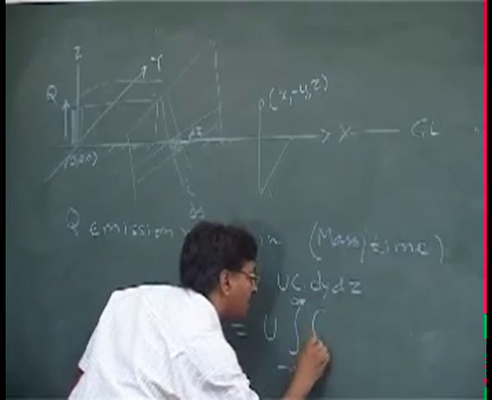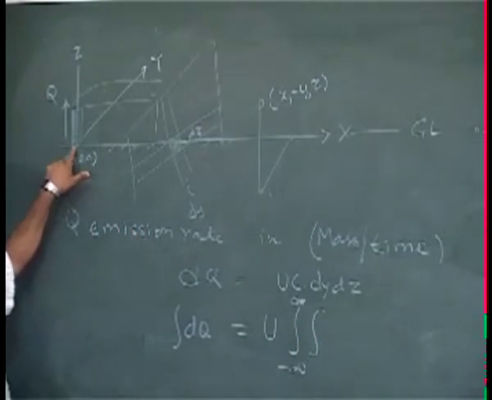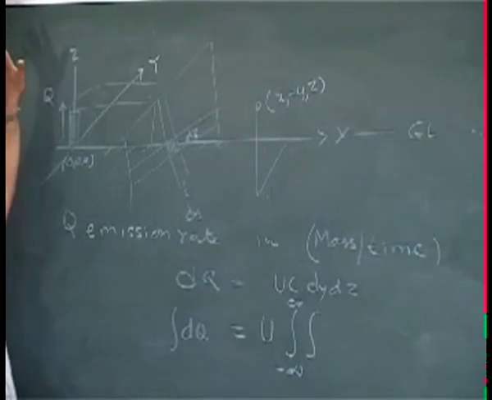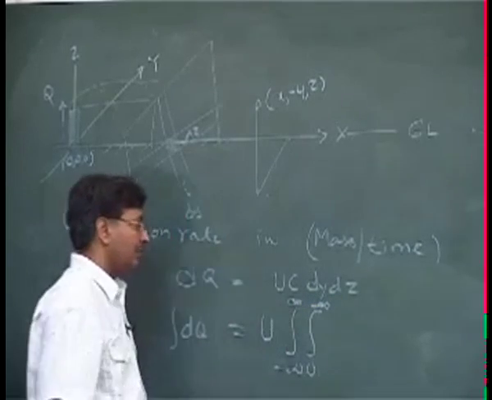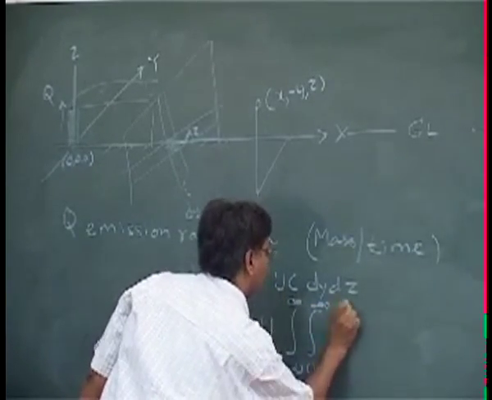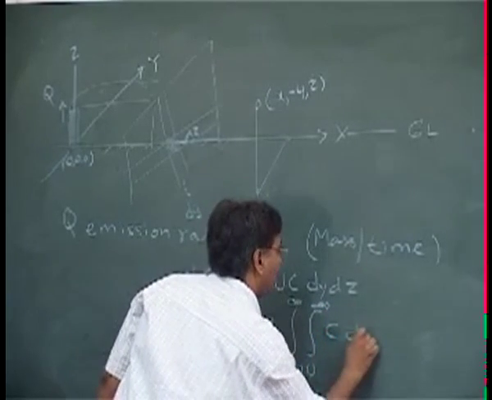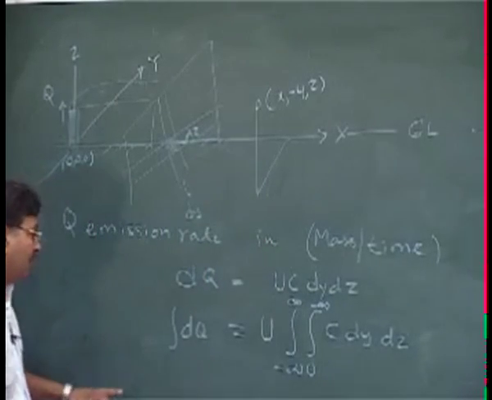And this is a double integration, and z I can integrate, because nothing will go below the ground, from 0 to infinity. So I have to write c dy dz.